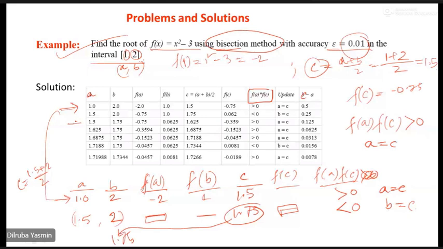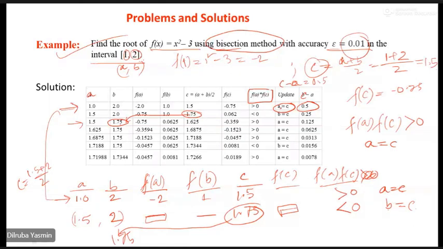So look at the third row here. This b value, sorry, this c value. See, where is c? This value. Operation between them, you will get 0.5.